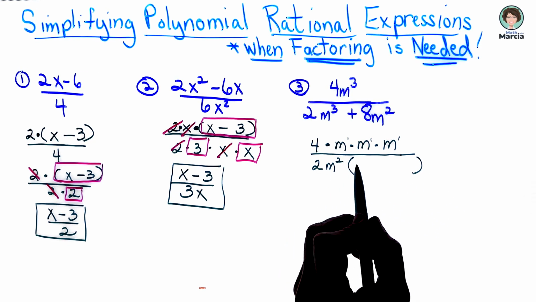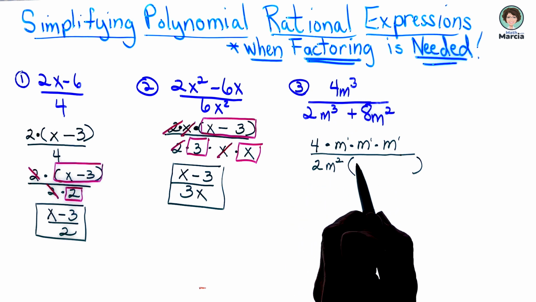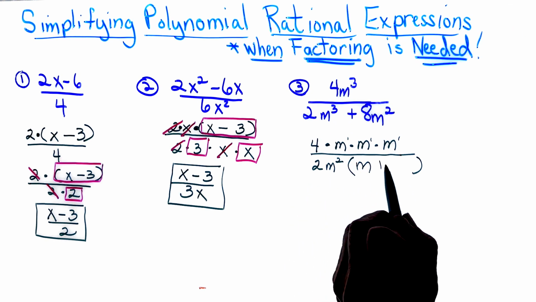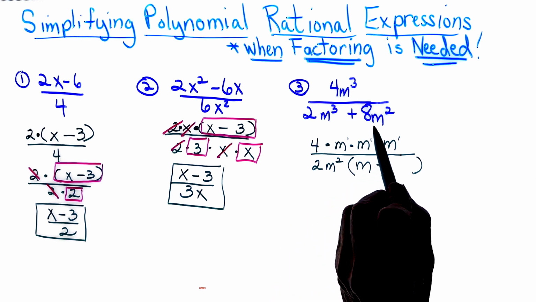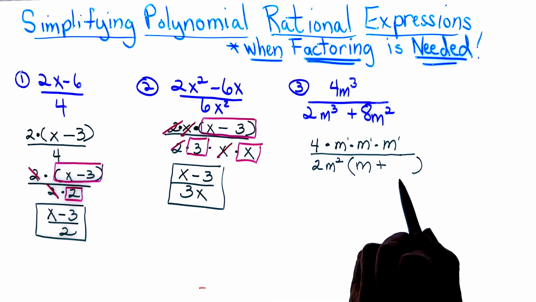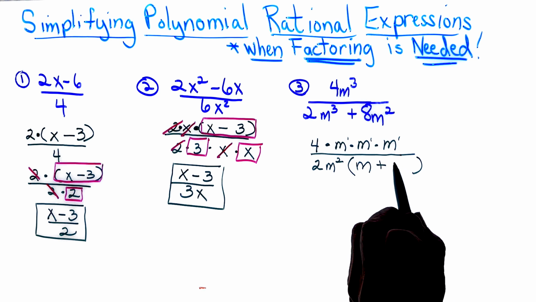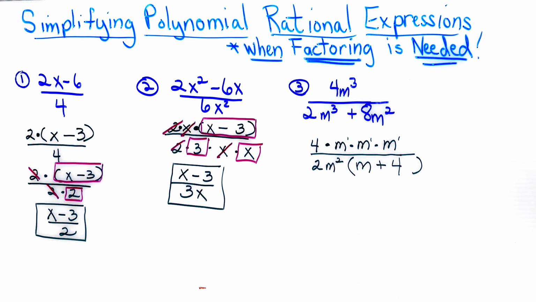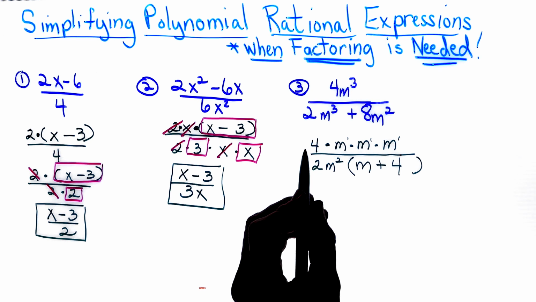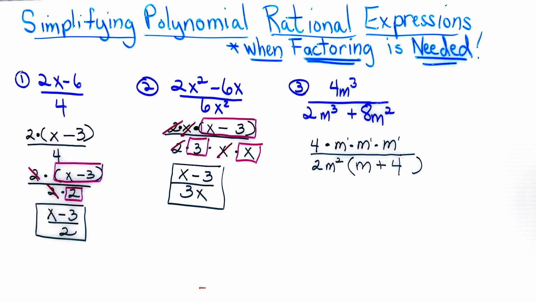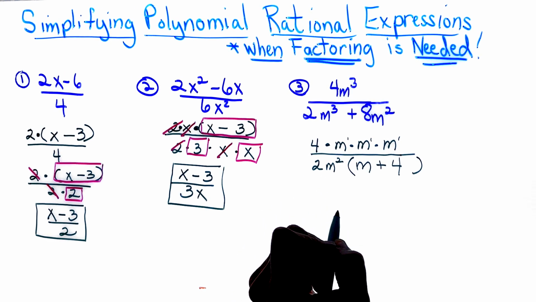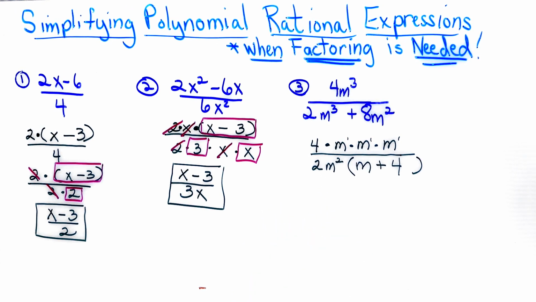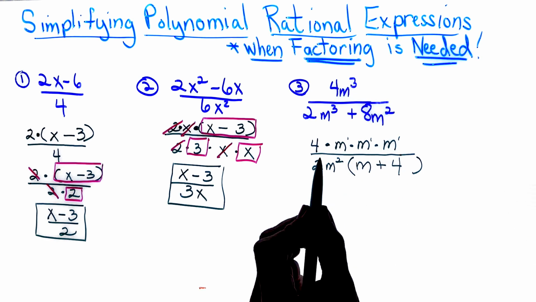So let's see what our other factor ends up being. 2m squared times something is 2m cubed. Well, that's an m. And here's my plus sign. 2m squared times something is going to be 8m squared. So that's just going to be a 4. Okay, so without rewriting this, because you've done this when you've done fractions, I'm going to simplify. Oh, actually, no, because of that m squared, I want you to see it written out.